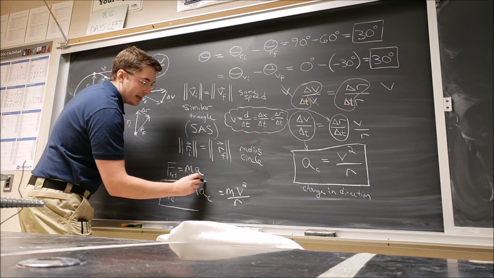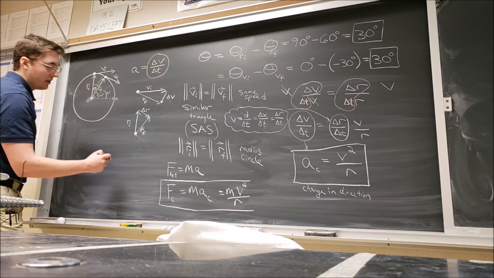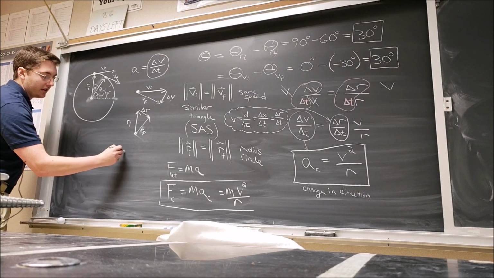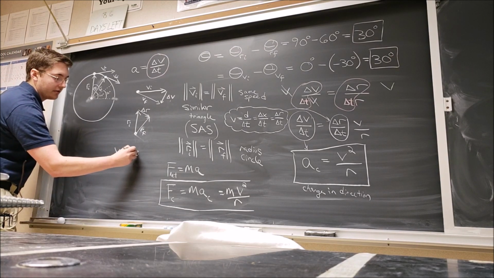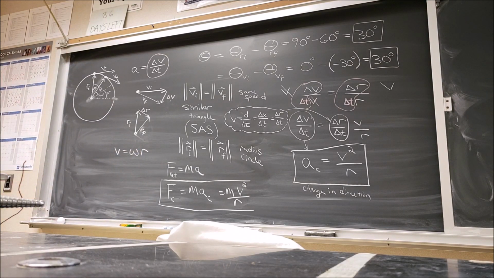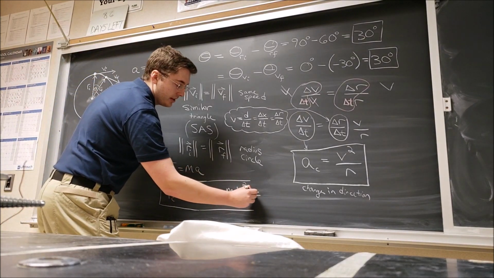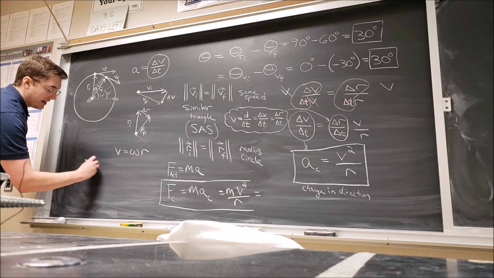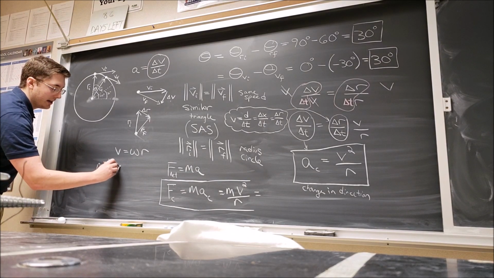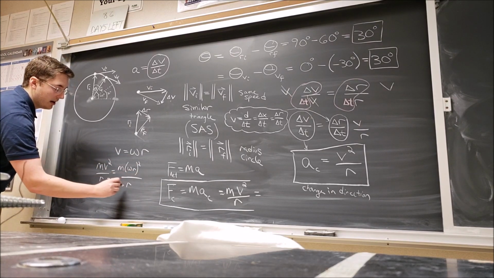And we can also relate that to, do you remember the angular velocity? So if you look at the regular velocity is equal to the angular velocity times the radius. Do you remember that one? And we plug that in on the top here. What we get is mv squared over r, and we're going to plug in m omega r squared over r, right?